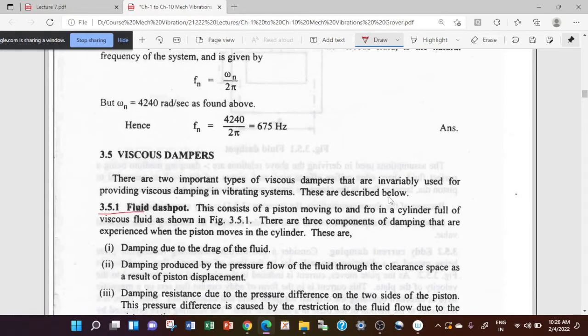It basically comes under the viscous damper. The viscous damper now can be classified into two categories. One is the fluid dashpot, and the second one is your mechanical damping.